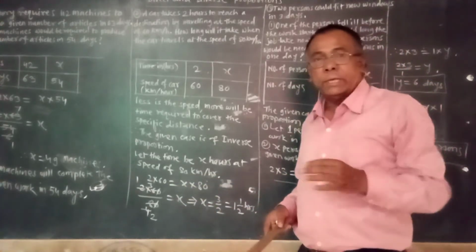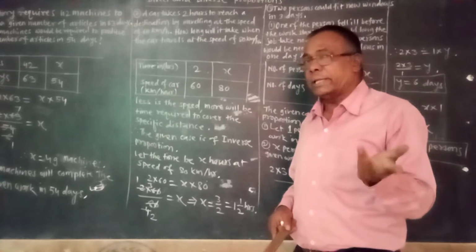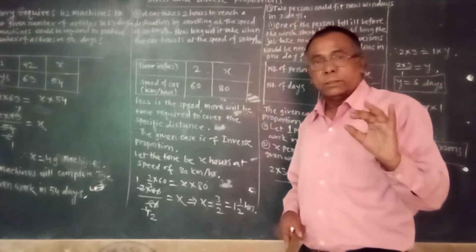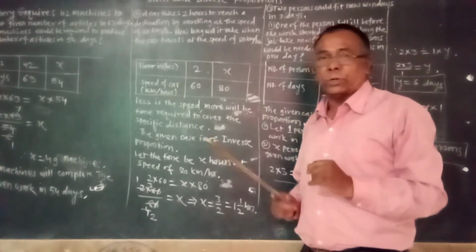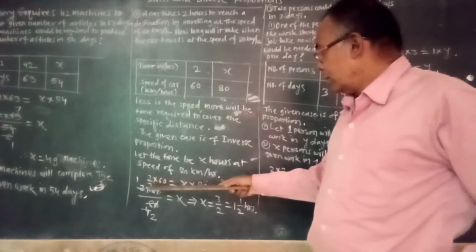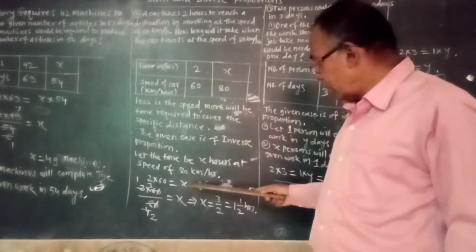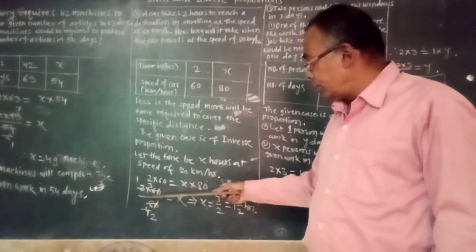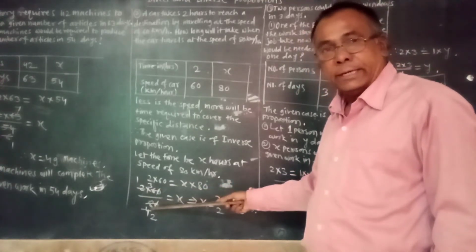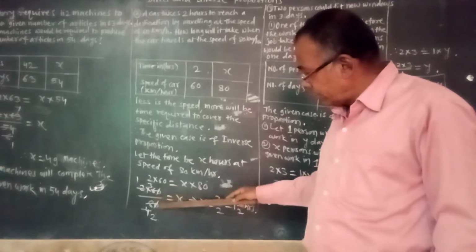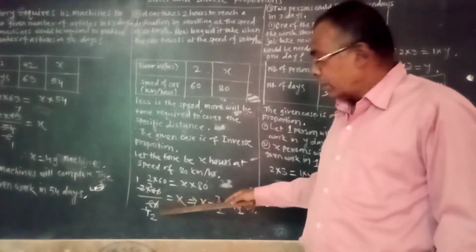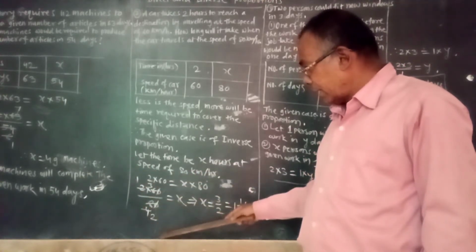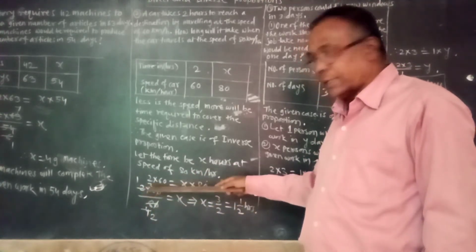We know that if the proportion is inverse, then the product remains constant, means x into y remains constant. Here to find the value of x, we have to transfer 80 so that it will divide. Means 2 into 60 divided by 80. If we cancel the unit place 0 of 60 and 80, then 2 1s are 2, 2 4s are 8, again 2 1s are 2, 2 3s are 6.